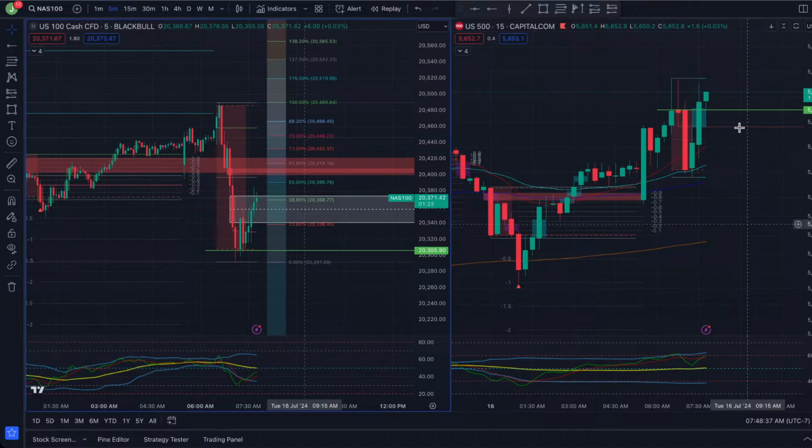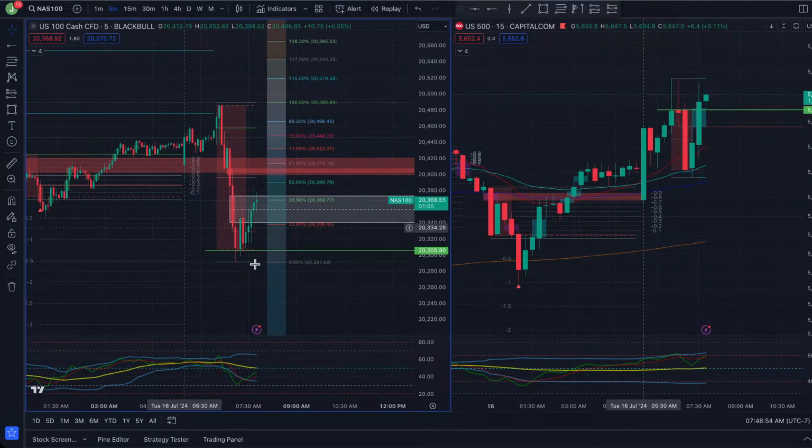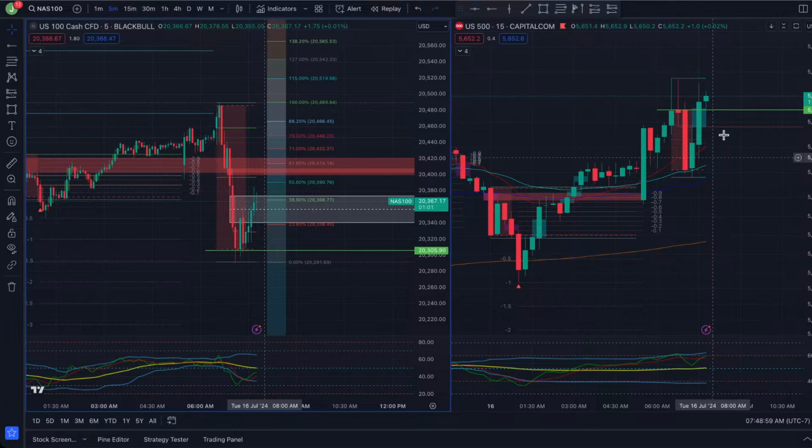US 500. Now slowly making that move to take out the tops, which is another telltale sign that this thing might want to push up. This is extremely bullish versus NAS. So once again, they paused this market to sweep all the liquidity here.